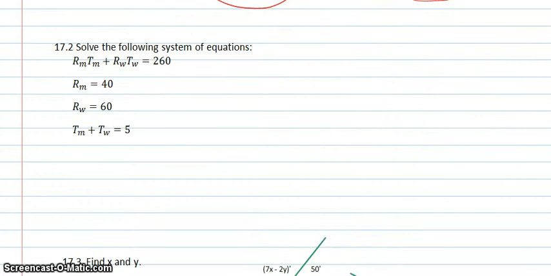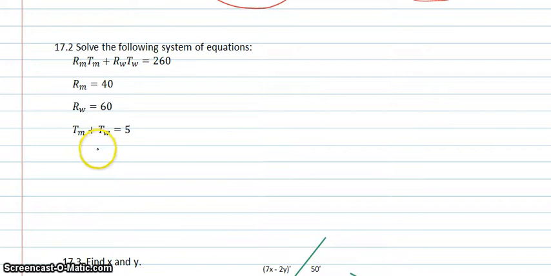In our second example in lesson 17, we're again solving the system of equations given certain information. These are rate, time, and distance type of equations, and this looks like two distances added together would equal 260. We're given the rates and then the relationship between the two different times. So what we're going to do is solve for one of those times.